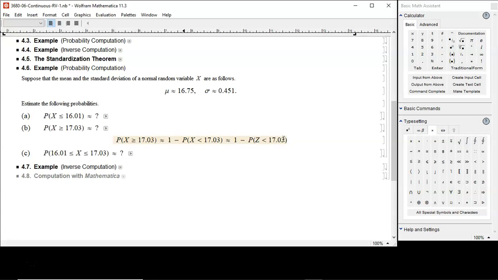Z is less than, well, okay. Do you remember formula number 1? X minus mu over sigma? Remember?